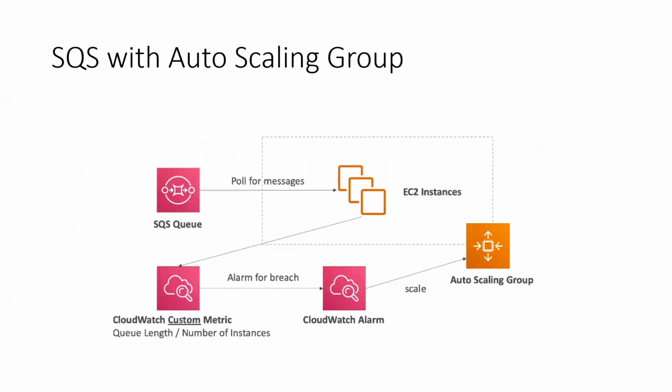Now let's talk about how you can use SQS with an auto scaling group, as it is scalable. Let's say you have an EC2 instance attached to your auto scaling group. SQS will poll for the messages from the EC2, but you have to define a custom metric in CloudWatch, calculated as queue length divided by number of instances.